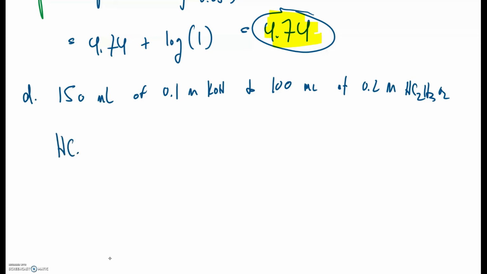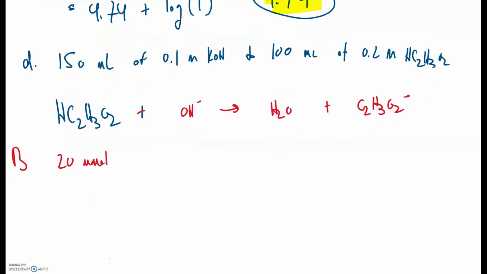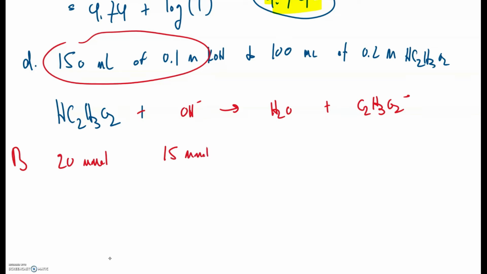Here is our reaction. And this time we know that our acid before the reaction is 20 millimoles, so there's no need to calculate it. For our base, we have 150 mils of 0.1 molar, and so that's 15 millimoles.